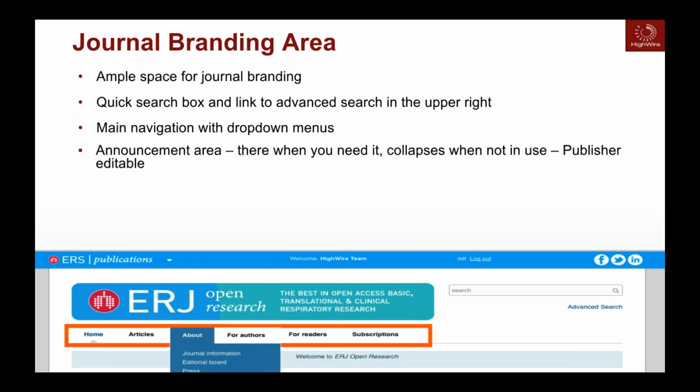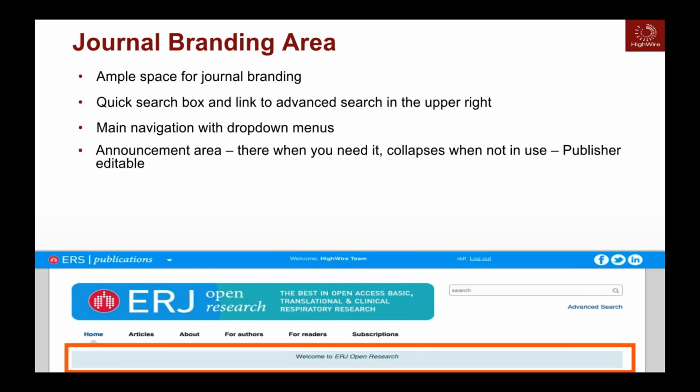We even have a menu area that's constant across the pages with all the drop-downs you need. And then we have what we call a snippet, and this is an example of an announcement snippet where a publisher can edit this and add information about upcoming events or calls for papers, things like that. So that's fully customizable, and we'll walk through what it looks like to edit a snippet.